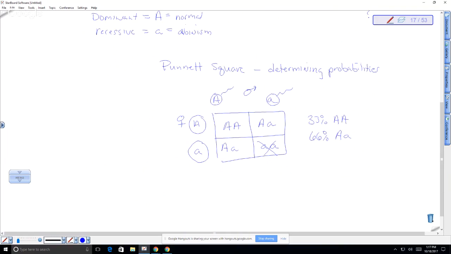Because if I eliminate this crossed out one, 1 out of 4 of their offspring is going to have albinism. And that is the same. So even if they had 10 children and all of them had albinism, probability-wise, they have an equal chance of having another child, because it is independent.